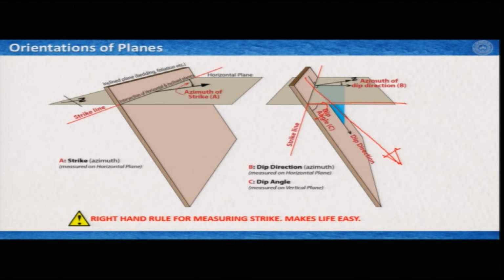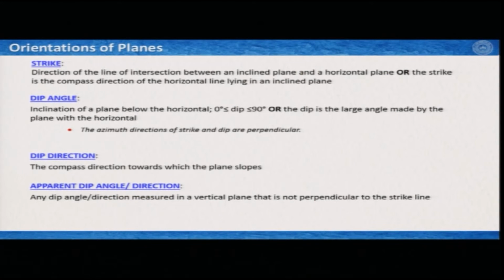Now, there are some techniques of measuring it. Generally, structural geologists follow right hand rules, we will learn about it later, but there are many other ways people measure dip, strike and dip direction. I hope the concepts are clear. Let us have the definitions.